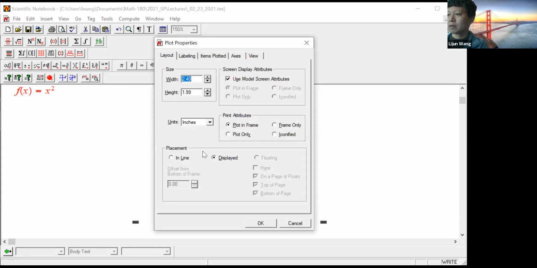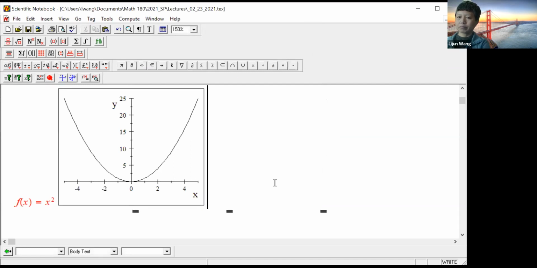Okay. So here's the function. Increasing function or decreasing function? Well, you have to talk about where. If you talk about the entire domain, it's neither.